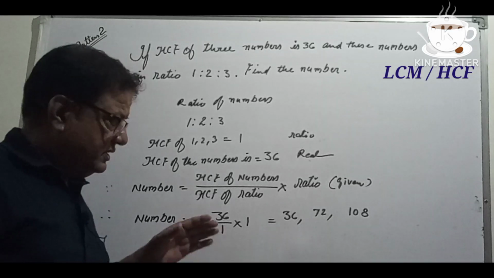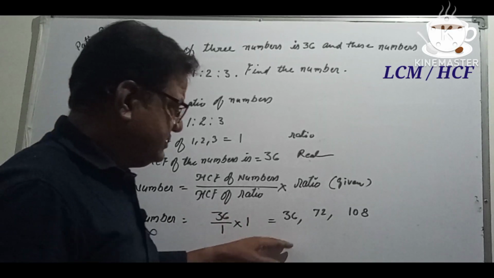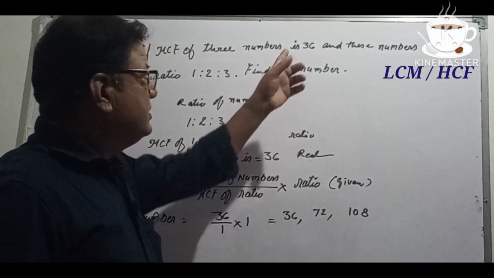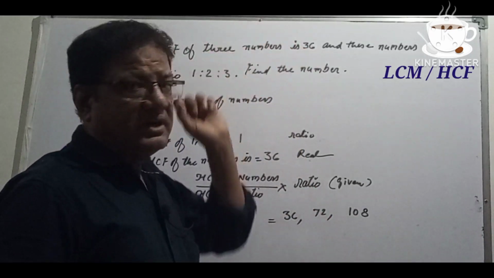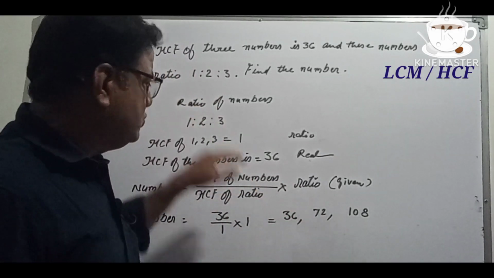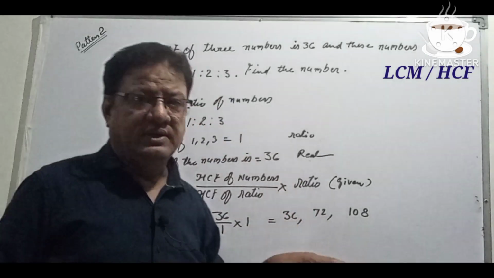Now we see the real numbers 36, 72 and 108, whose HCF is 36, and these numbers are in ratio 1, ratio 2, ratio 3.